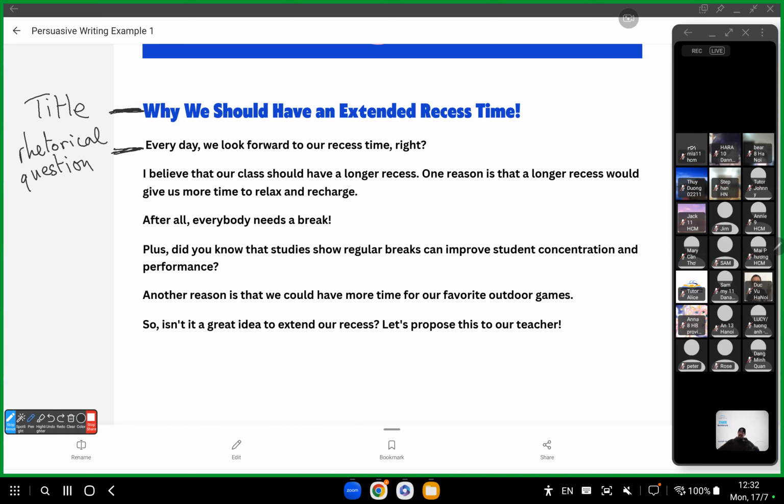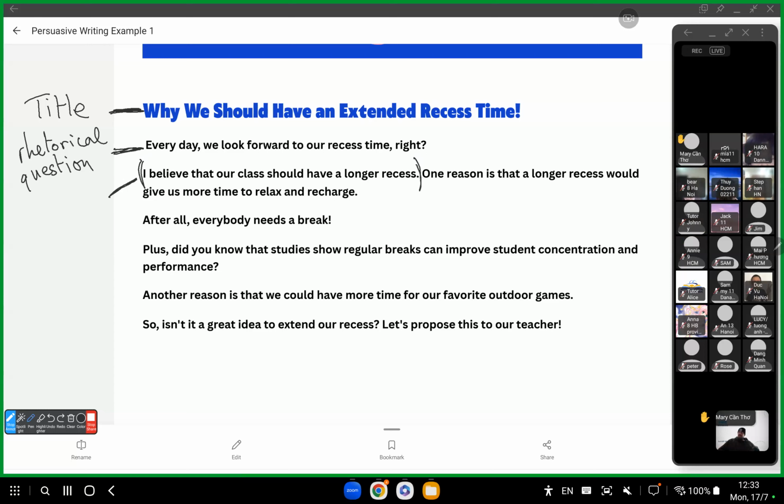So next, what do we have here? What part of the piece of writing is this? Just this section here. Mary? Maybe it's a statement, sentence.